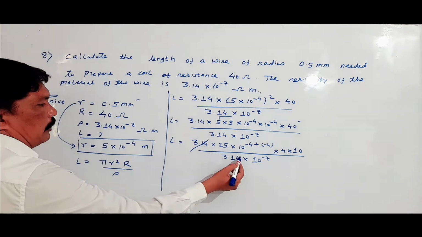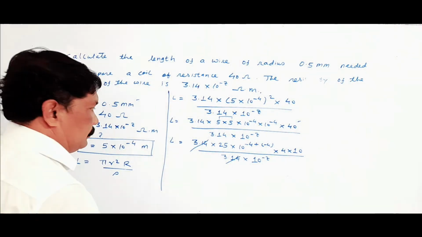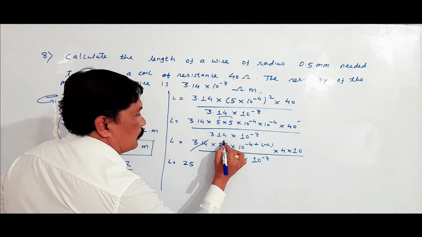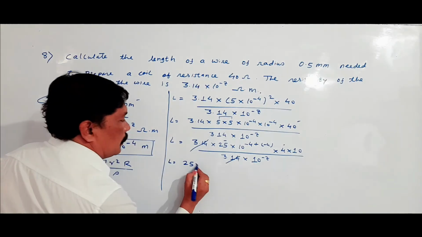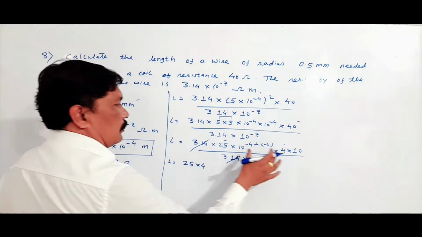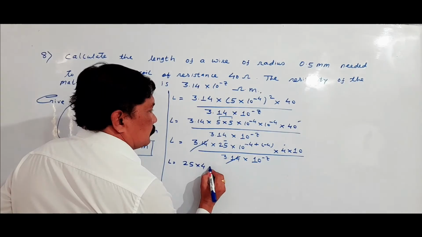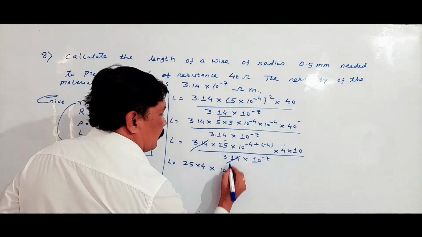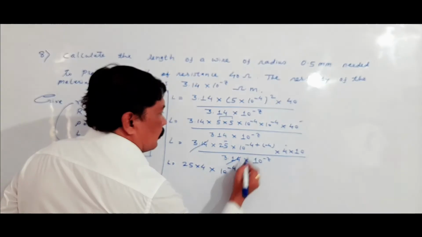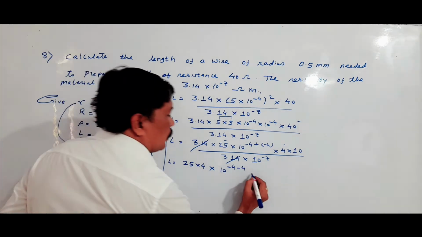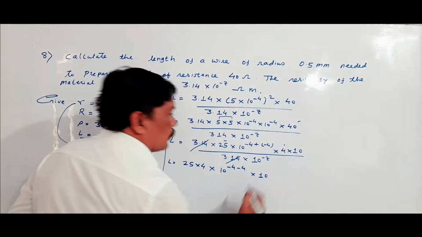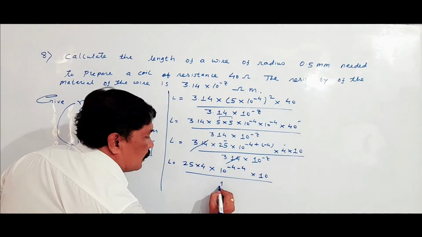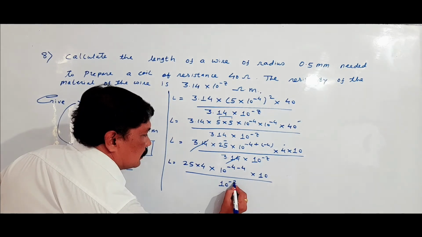3.14 gets cancelled, 3.14 gets cancelled. L is 25 into 4 into 10 to the power minus 4 plus minus 4 into 10, divided by 10 to the power minus 7.